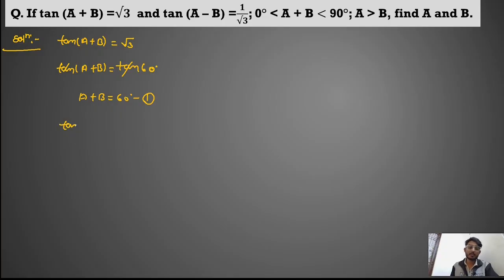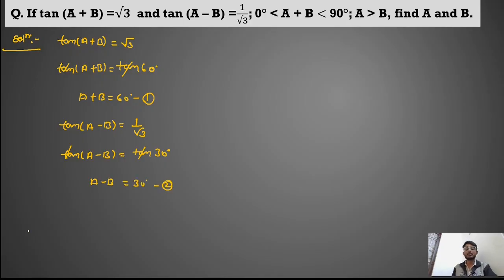And from the second equation, tan a minus b equal to 1 upon root 3, and 1 upon root 3 is the value of tan 30. So tan a minus b equal to tan 30. You can cancel out tan from both sides. A minus b equal to 30. Equation number 2.